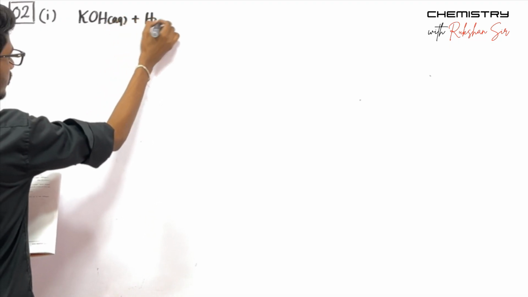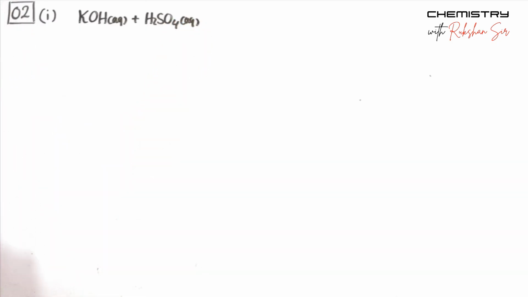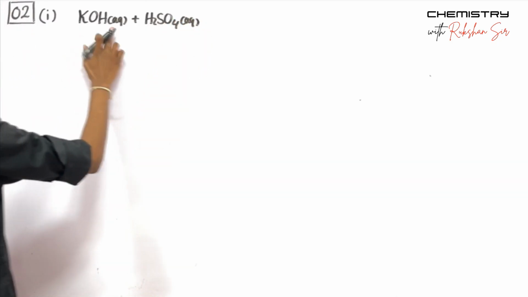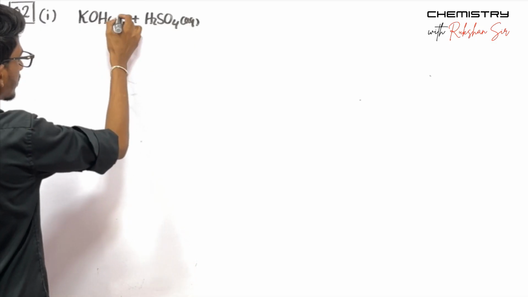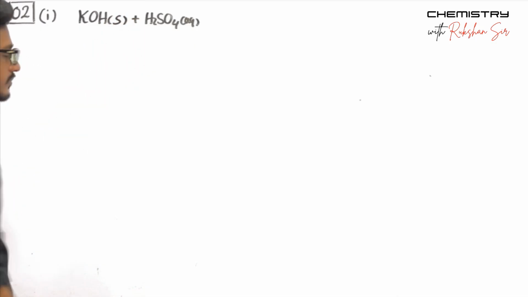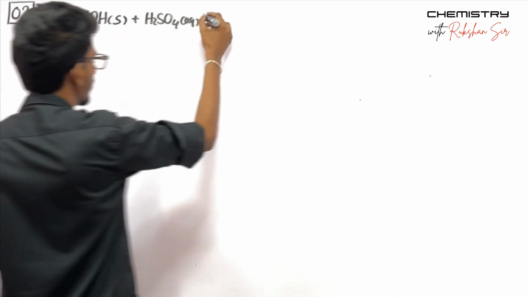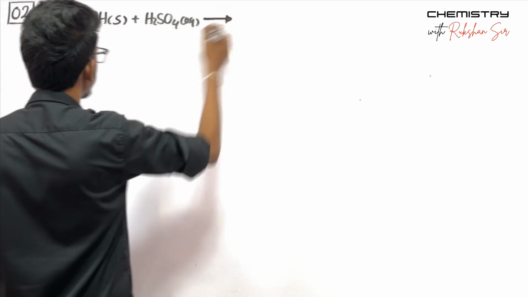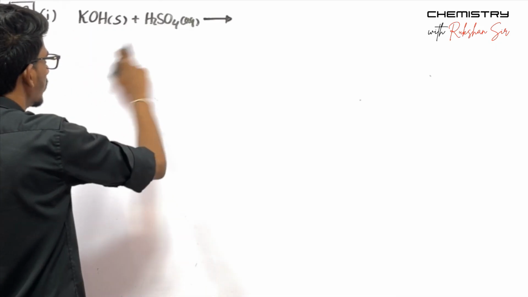Sorry, here they are not adding the KOH as an aqueous solution, they are adding KOH as a solid. So KOH solid plus H2SO4 aqueous gives the salt and H2O.